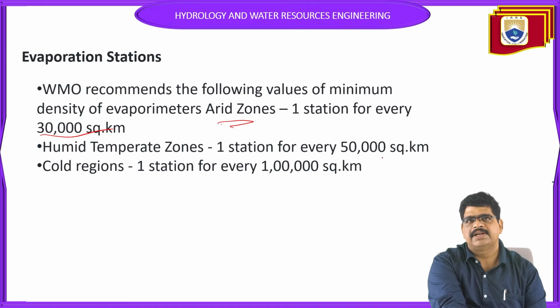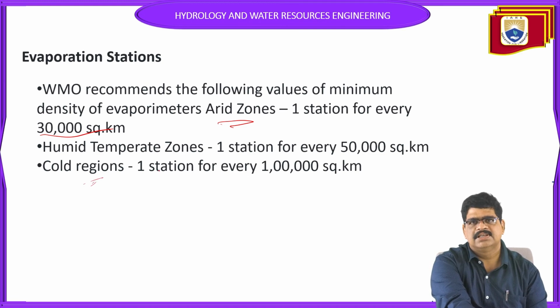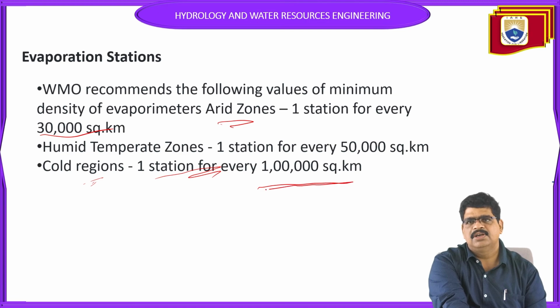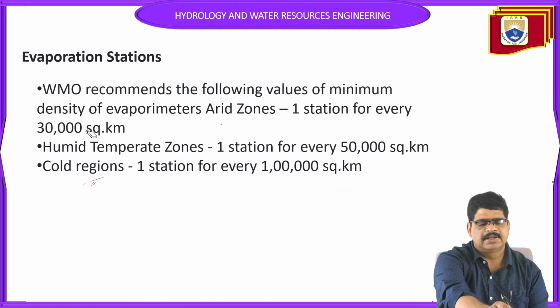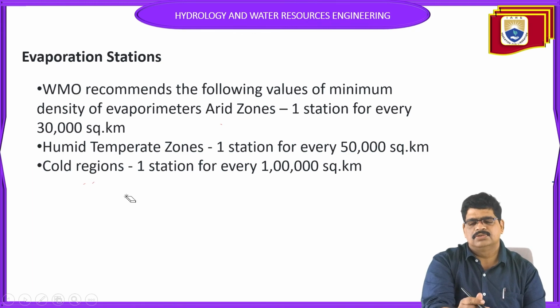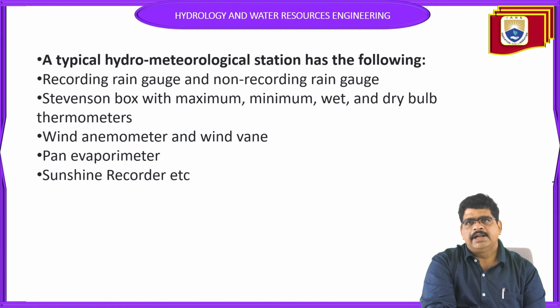In cold regions, like western countries, one station for every 1 lakh square kilometers. These are the specifications or guidelines for providing evaporation stations.